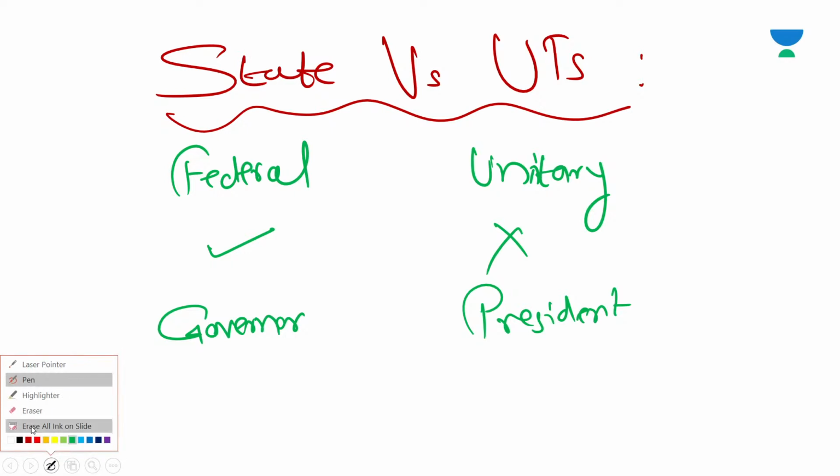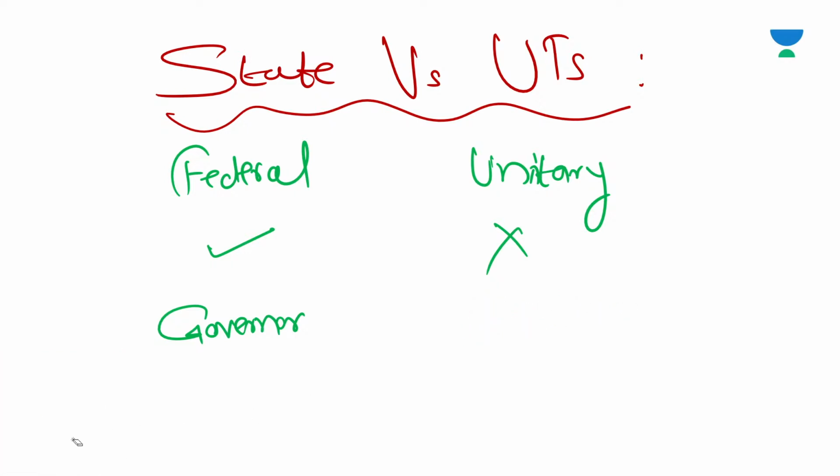The administrator does not have the discretion accorded to the governor, who has an independent position. So the Governor has an independent position under the Constitution, whereas the administrator in union territories is an agent of the central government.